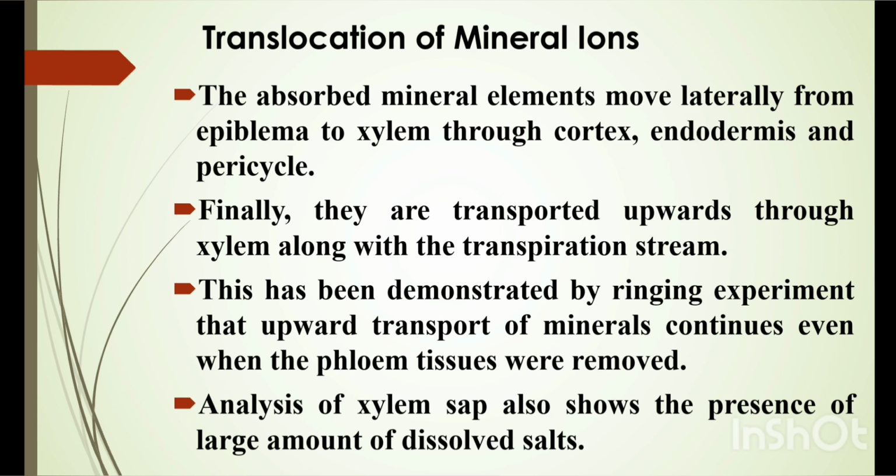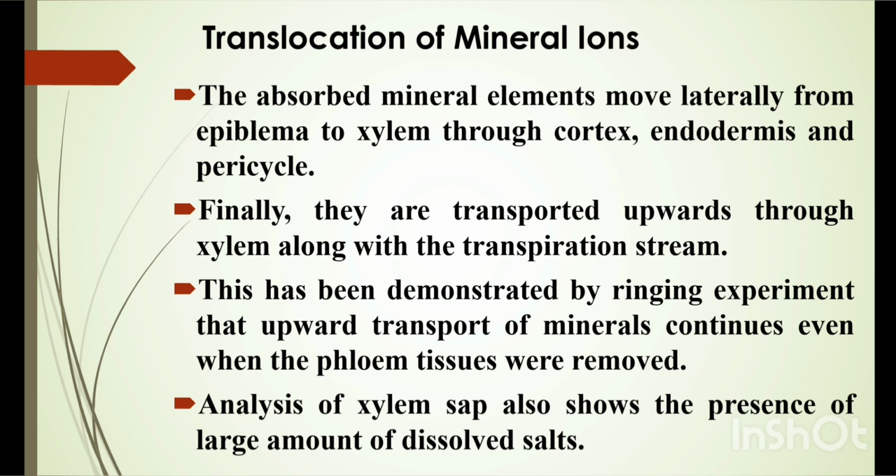From that ringing experiment, when you remove the phloem tissues, the movement of minerals occurs in a normal way. So from that experiment, you can conclude that the upward movement of minerals occurs through the xylem as water. Then analysis of xylem sap also shows the presence of a large amount of dissolved salt in it.